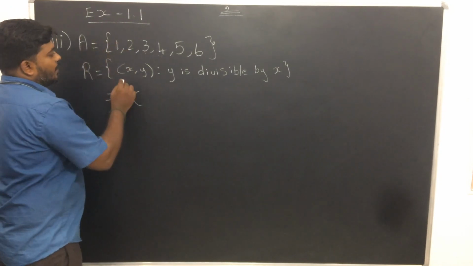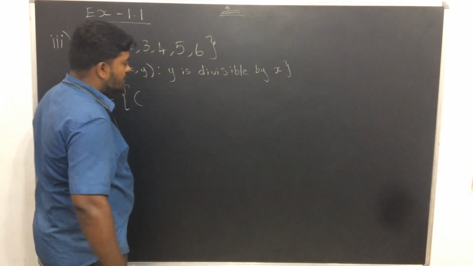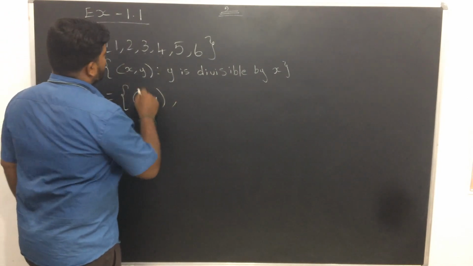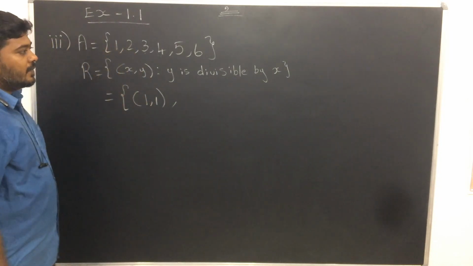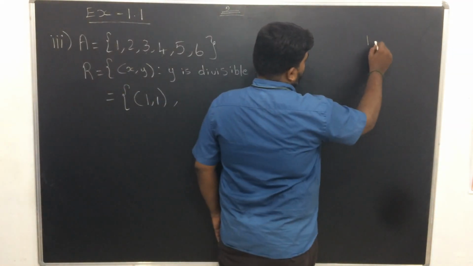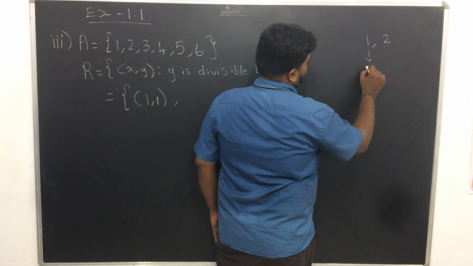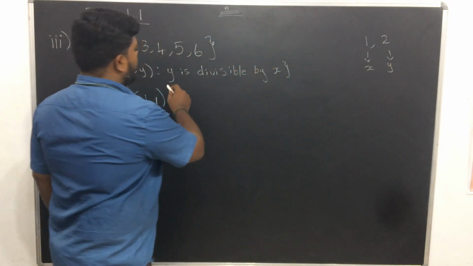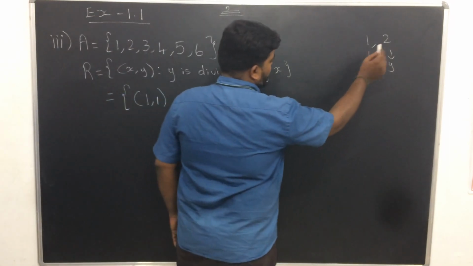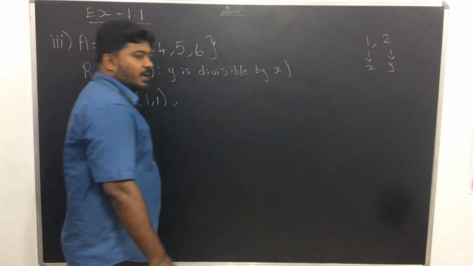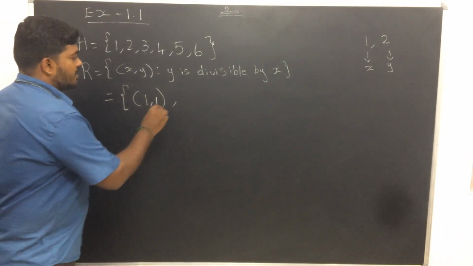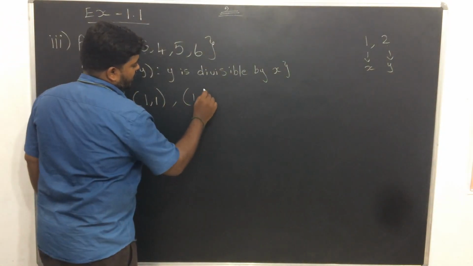For 1 comma 1, 1 is divisible by 1. So obviously 1 comma 1 falls in the relation. Check for 1 comma 2. Here 1 will be x and 2 will be y. We have to check if 2 is divisible by 1. Of course, any number will be divisible by 1. You can say 1 comma 2 comes in the relation.